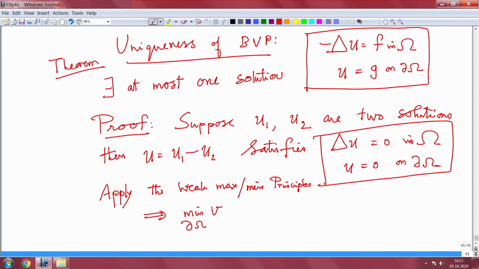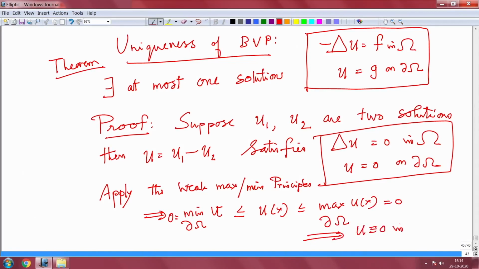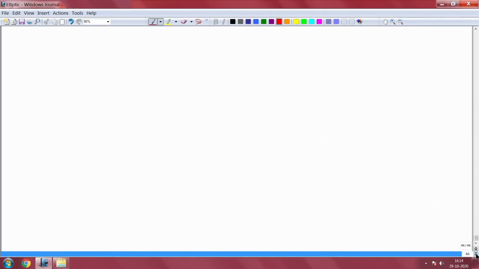So minimum of V over the boundary is less than or equal to V, which is less than or equal to maximum of V over the boundary, that is equal to 0. This implies V is identically 0 in omega. So you have an immediate uniqueness theorem.